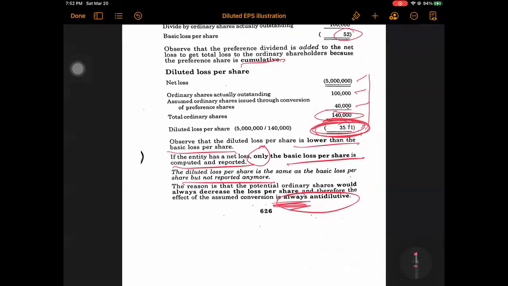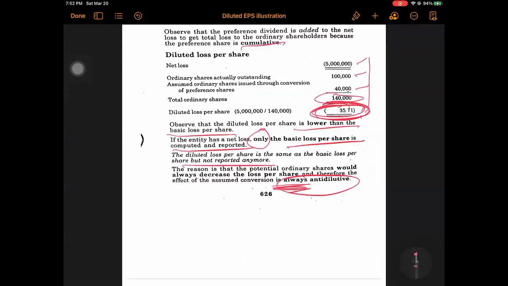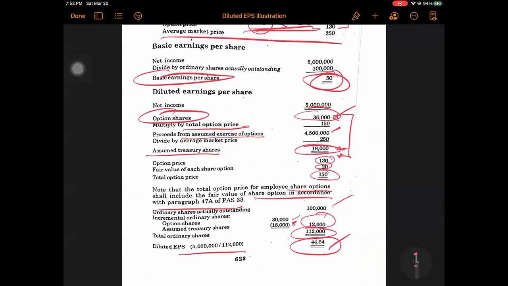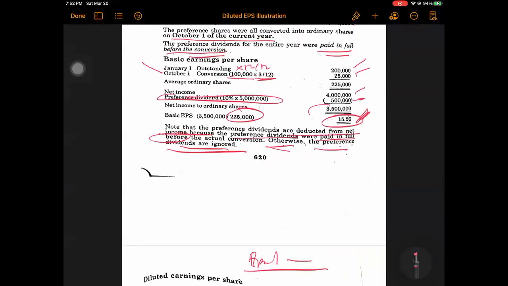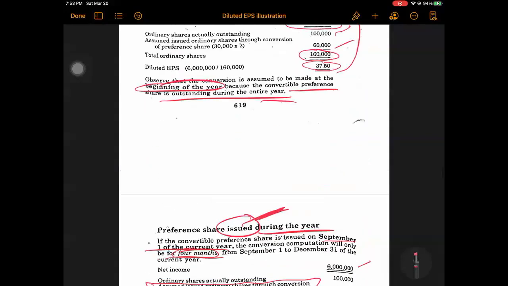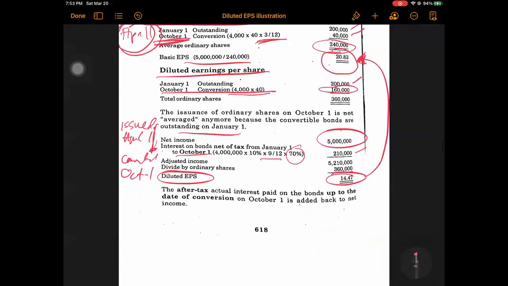Because on the next part, what if, in our previous illustration, it was one item per transaction? In this transaction there is one convertible bond, in this transaction only convertible preference shares are present, in this transaction only options and warrants are present. What if, in one transaction, all three are present?